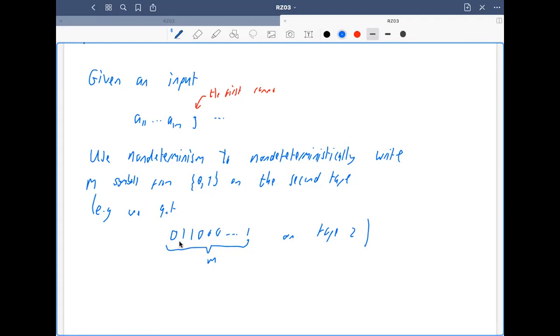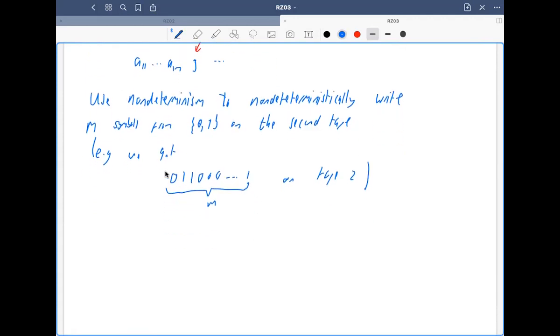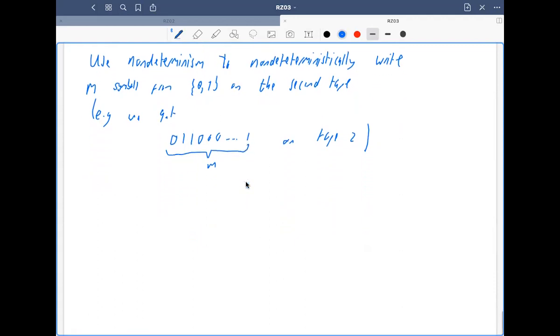So then we've got m different bits on the second tape. And we're using this to represent a subset of the set of vertices. So this one means vertex 1 is not in the set, vertex 2 is in the set, because here it's 1, vertex 3 is in the set, vertex 4 is not in the set, vertex 5 is not in the set, vertex 6 is not in the set, all the way through to the last vertex, vertex m, which is in the set.